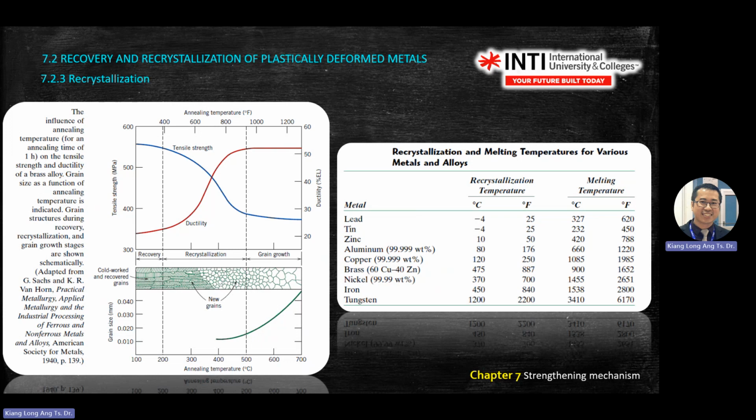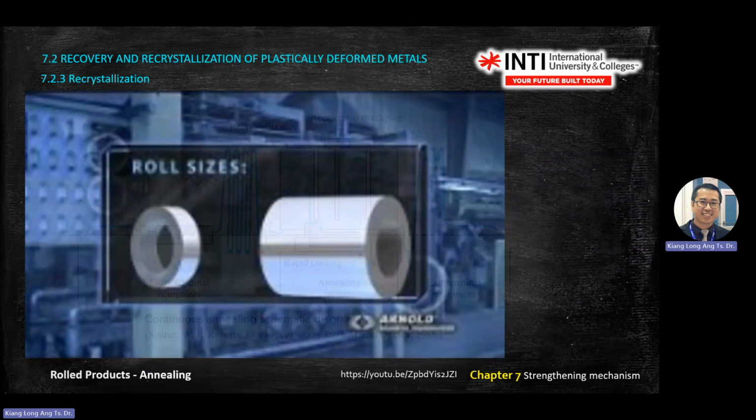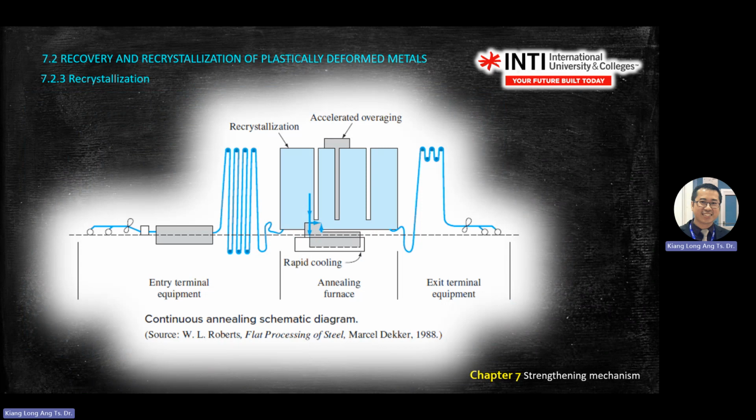It starts to have new grain, then it starts to grow. So in this table, it gives you recrystallization temperature and melting temperature. So these are the industry process. Industry process, you got input and output, heat it up, then pull, and so on.